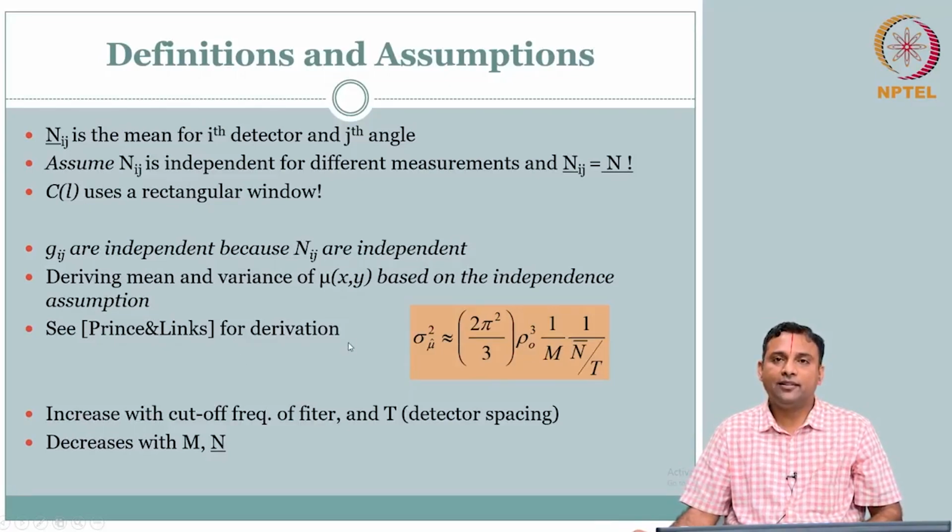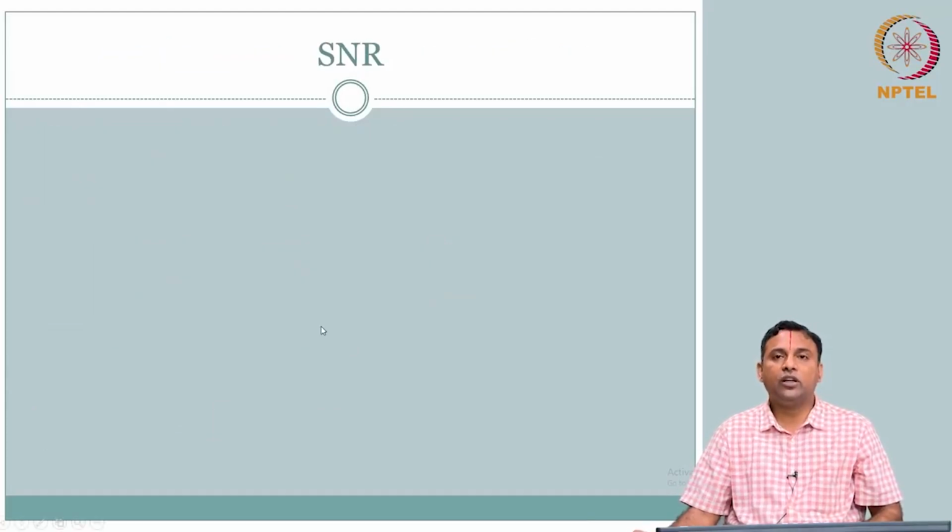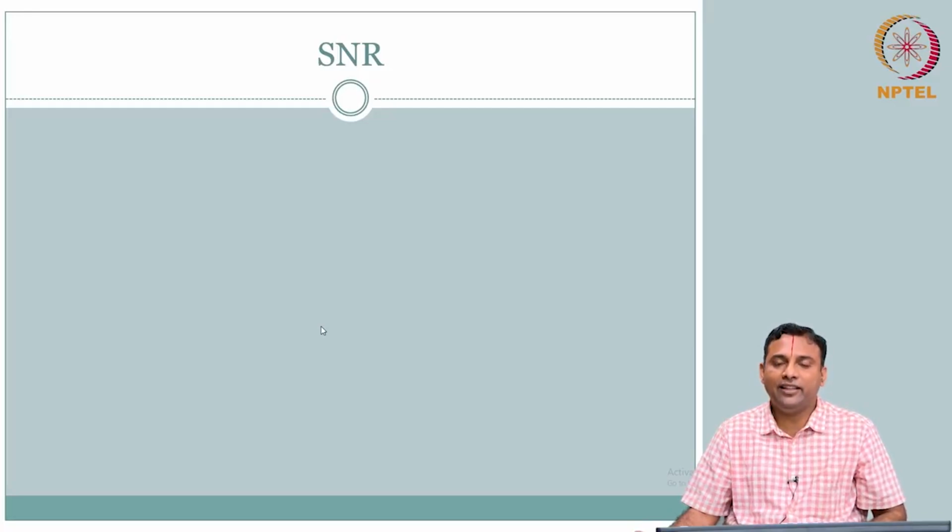So much for your noise. But we are not really interested in noise in isolation. What are we interested in? We are interested in signal to noise ratio. So what is our signal? We'll use a similar definition, mean to standard deviation. We talked about the mean as your signal and the variation around the mean as your noise.